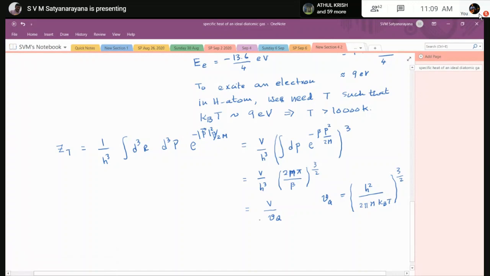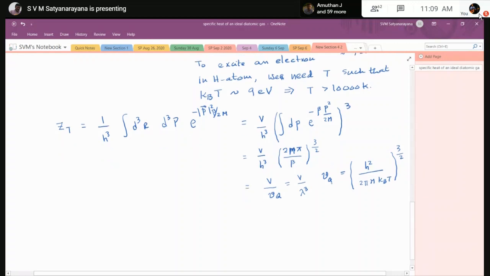This can also be written as V by lambda cube. Okay, so we don't have to do this again and again. We can remember this result and then simply write it whenever we require. So that means we have now completed our calculation of the translation. So what is that? Our Z translation is equal to V divided by VQ.